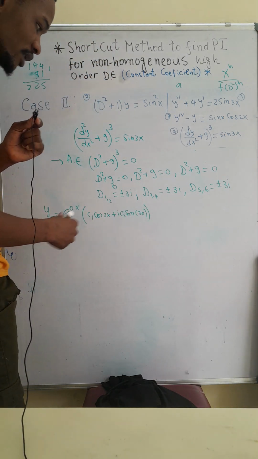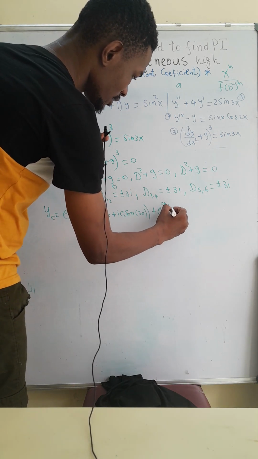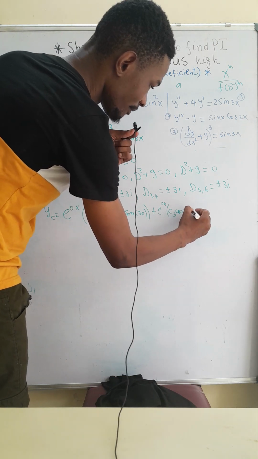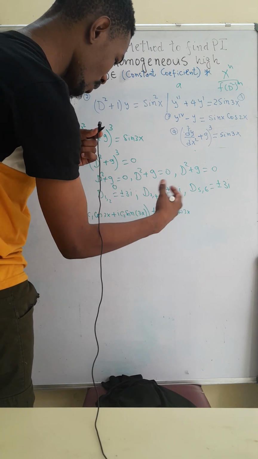This is for the first one. For the second, it will be e raised to 0x, then C3 cos of 3x, and so on.